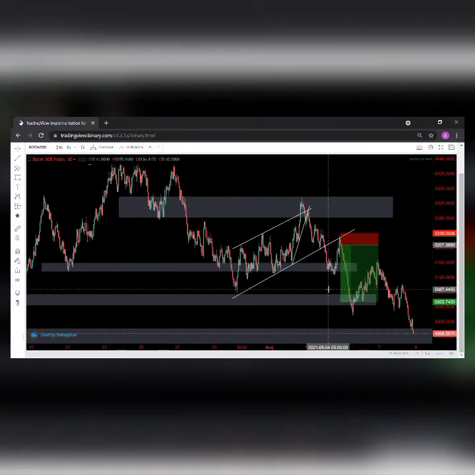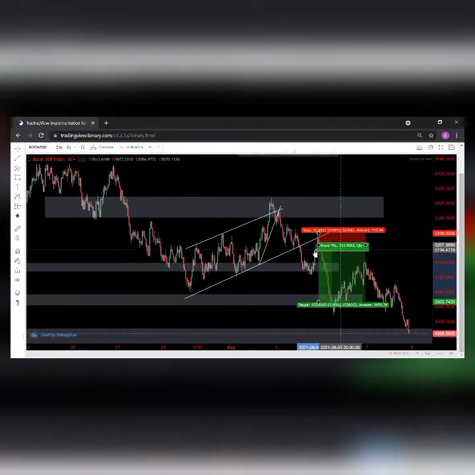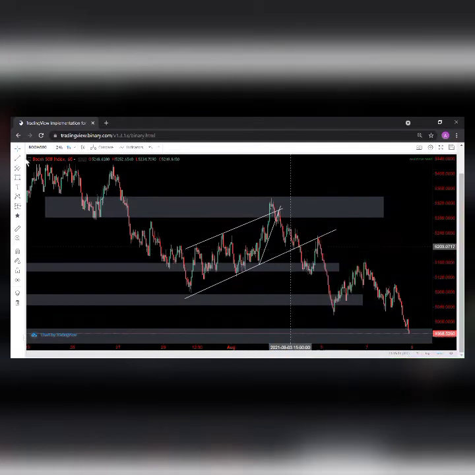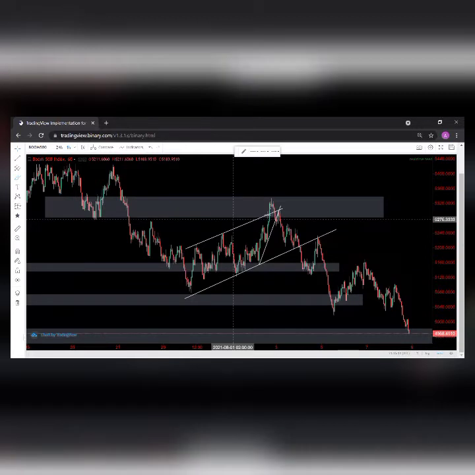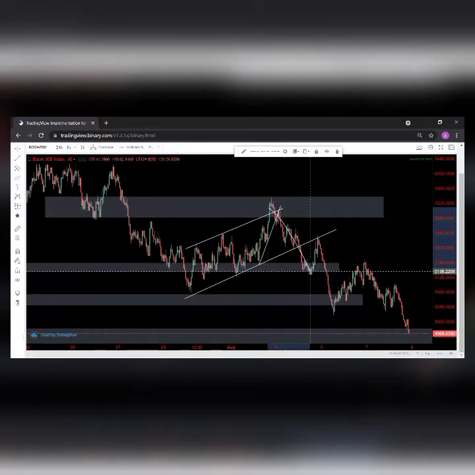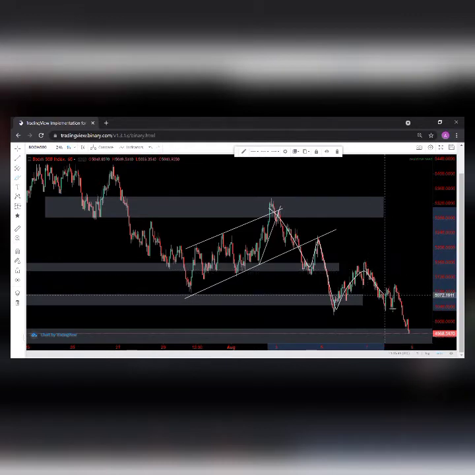You understand? So now I want you to see what the market is still doing. The market is giving us downtrend structure. We have a low, a lower high, a lower low, a lower high, a low, a lower high, and the market is still going down.